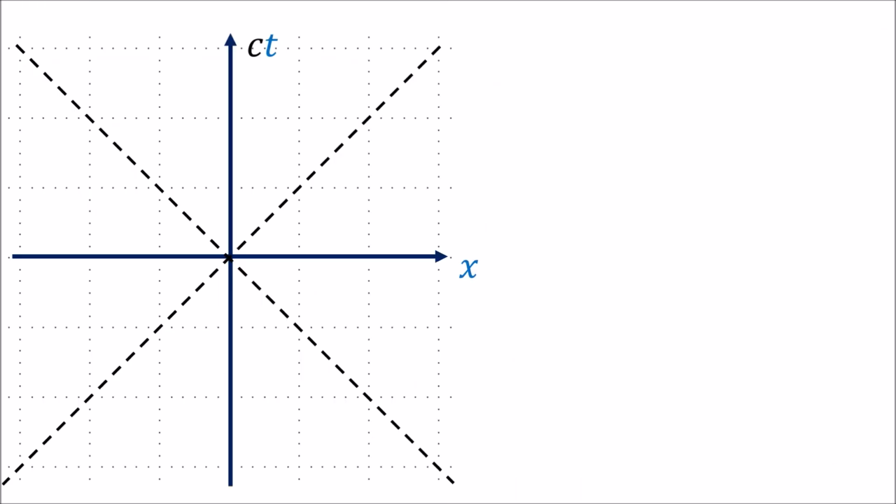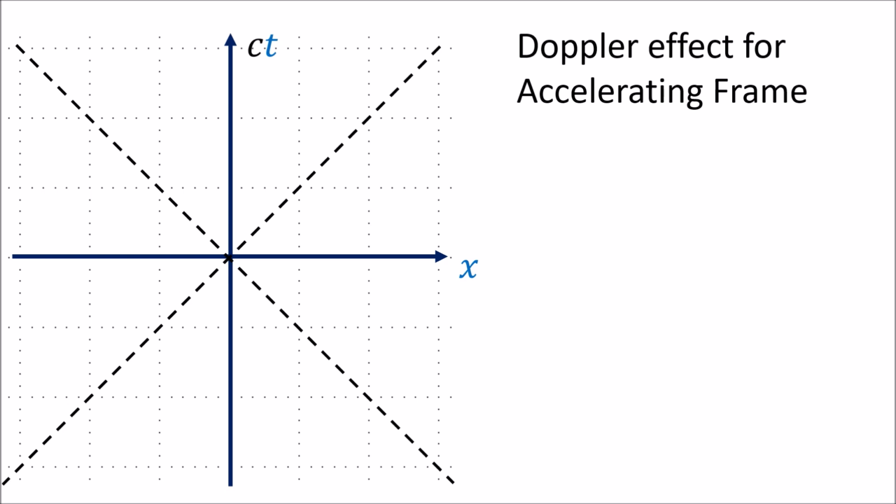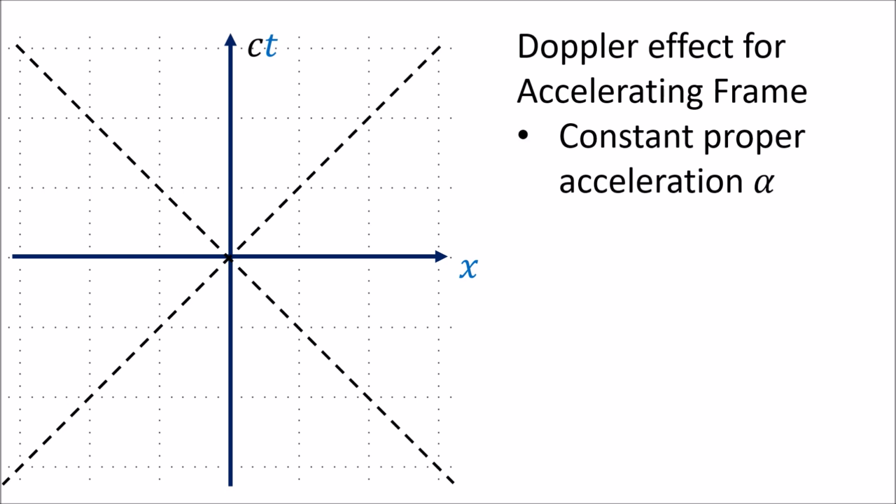The last thing we'll do in this video is to look at the Doppler effect for an accelerating frame. Or to be more technically correct, a frame that measures constant proper acceleration on an accelerometer that they are carrying with them.